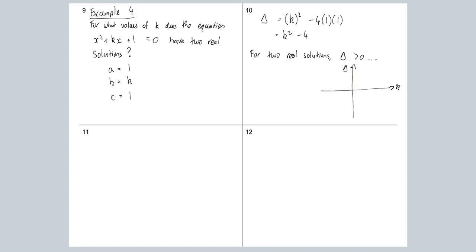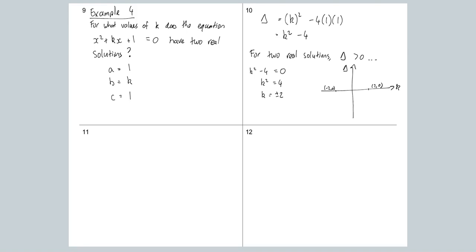All right, so let's have a look at it. If I set k squared minus 4 equal to 0, I get k squared equals 4 and k is equal to plus or minus 2. Pretty simple solution. So that means that we've got an intercept at (-2, 0) and another one at (2, 0).